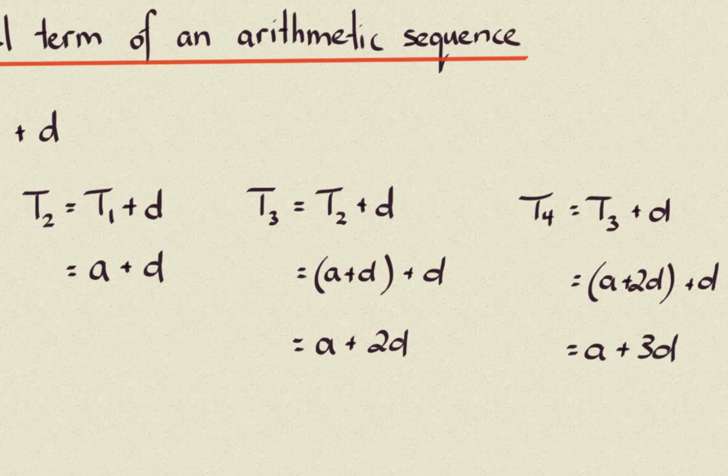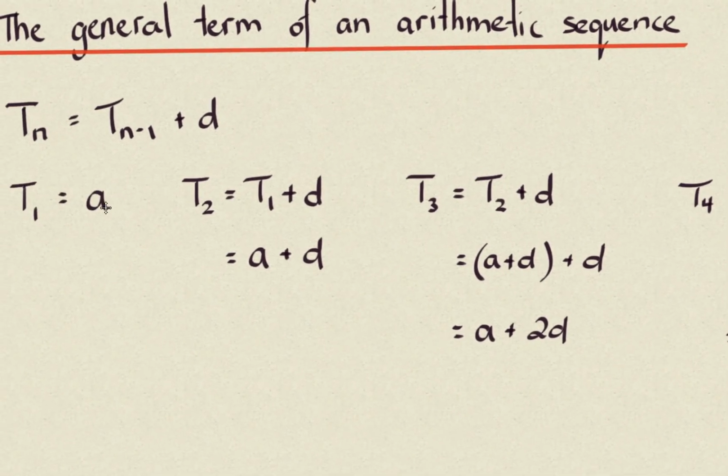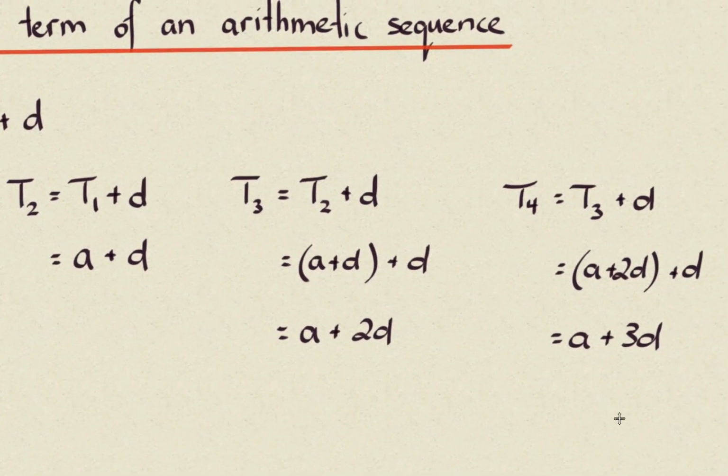So do you notice a pattern? I mean, we can see that all of them have A involved, starting with term 1 that has A. All of them have a single A. But what about the relationship between this number here, the 3, and the term that we're up to?